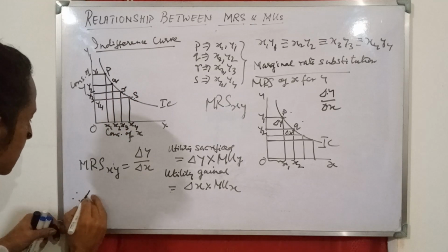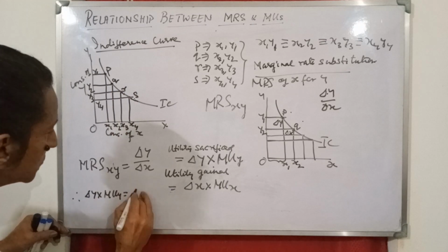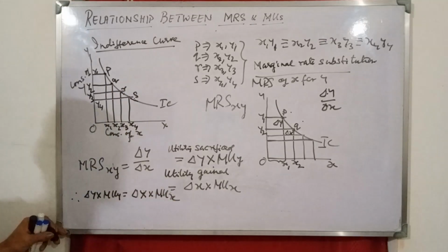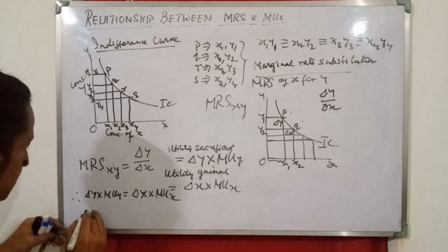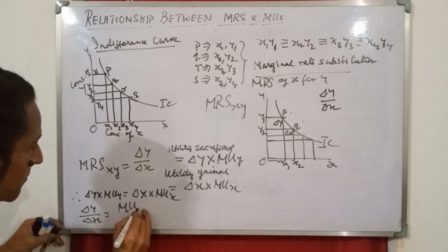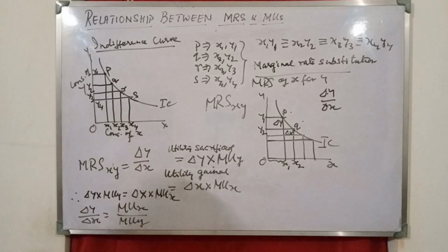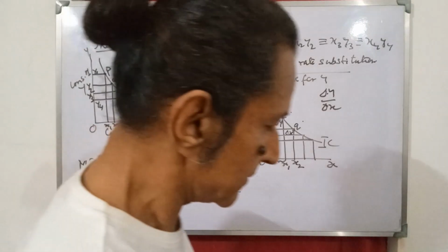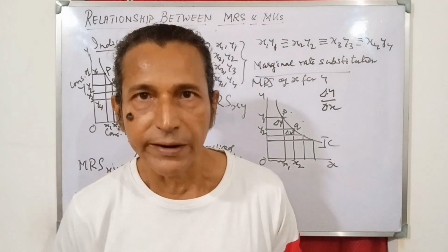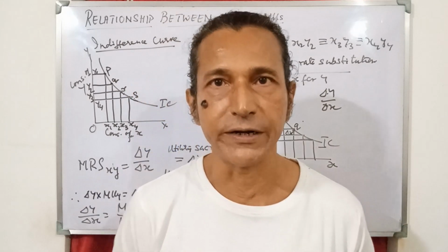So delta Y into MU Y is equal to delta X multiplied by marginal utility of X. Now by transposing we get delta Y divided by delta X is equal to marginal utility of X divided by marginal utility of Y. Therefore we can say that the marginal rate of substitution between X and Y, or MRS of X for Y, is equal to the ratio of marginal utilities of the two commodities.